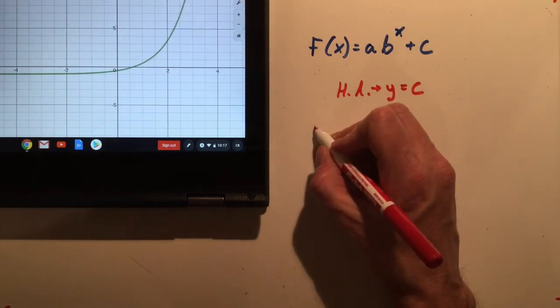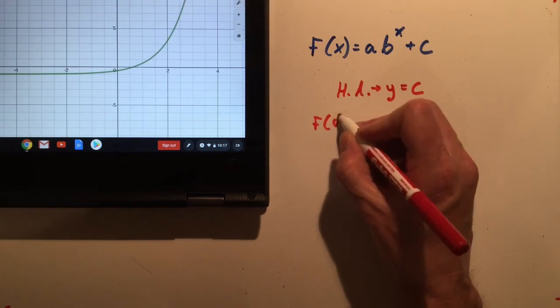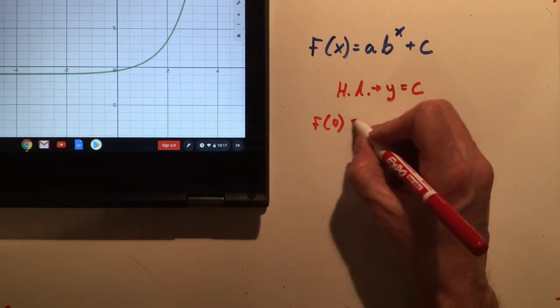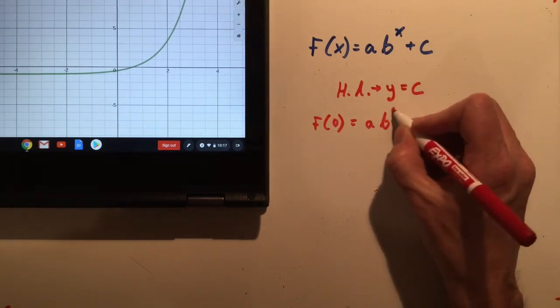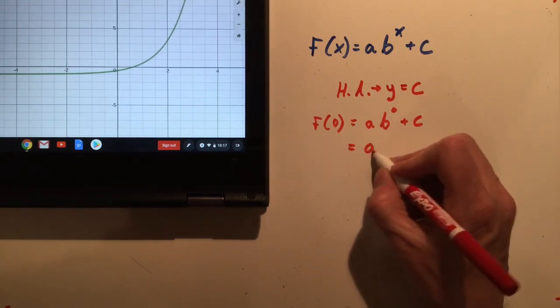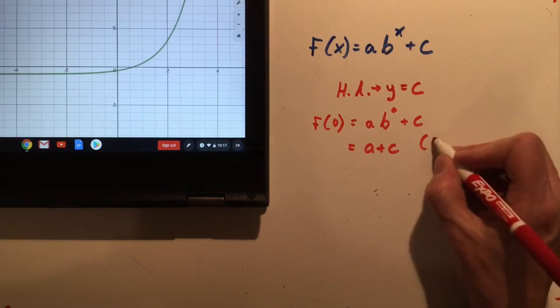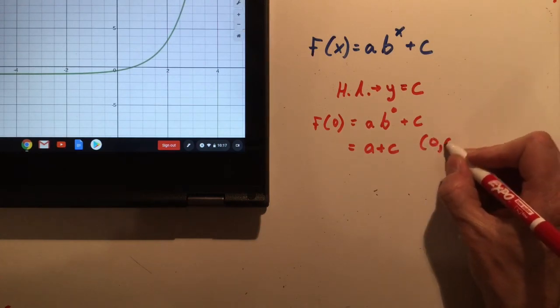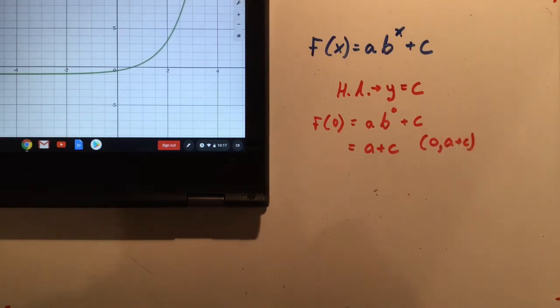And, you know, the y-intercept occurs when x is 0, and we know that anything to the 0 power is 1, so the y-intercept is always going to be a plus c, so you're always going to have that point 0, a plus c. And that'll help you find a and c, so the only thing left to find now is b, and so all you'll need now is one more point, and that should help you find b.